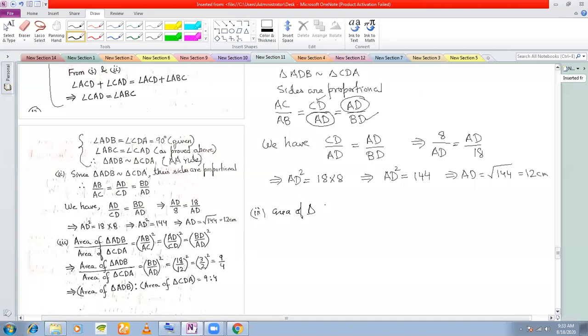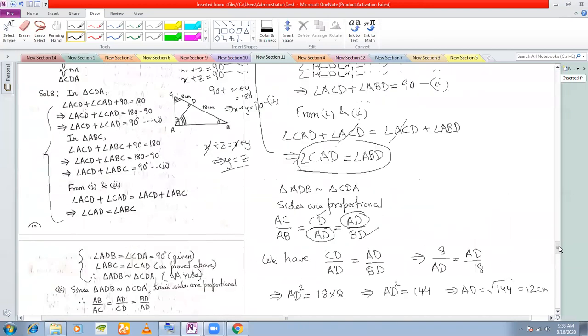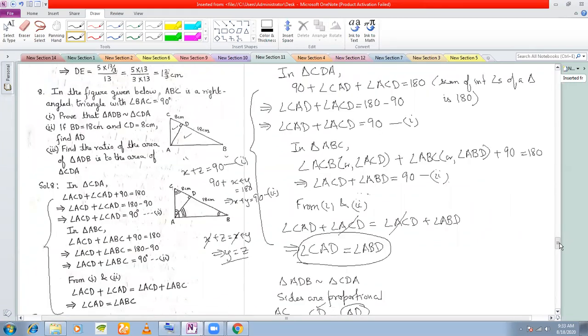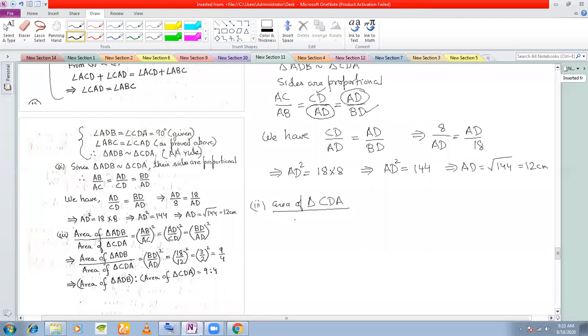Area of triangle CDA is to area of triangle ADB, equal to the square of the proportional sides: AC by AB, CD by AD, AD by BD. Square of the proportional sides.